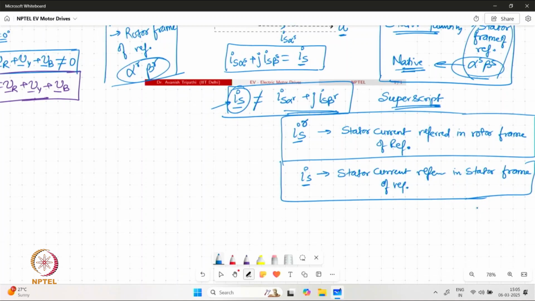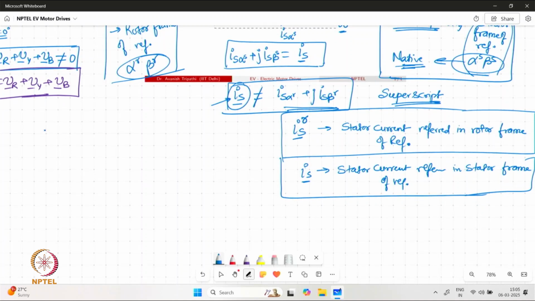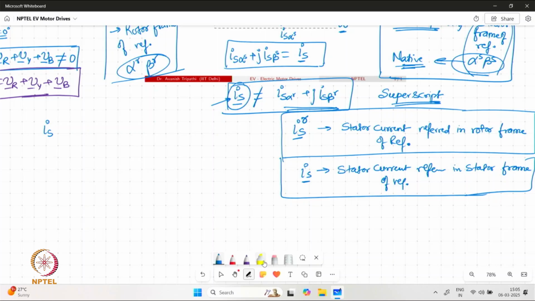We can mention the same for rotor current as well. If we are writing rotor current as IR without any superscript, we essentially mean that this is rotor current in the native frame of reference, which is the rotor frame of reference.